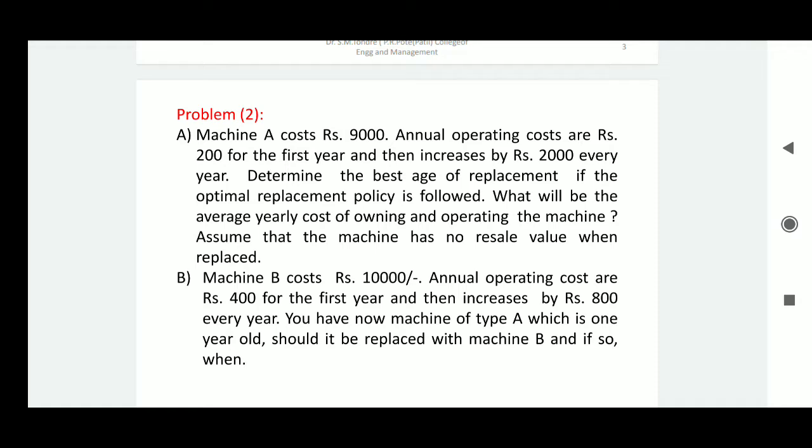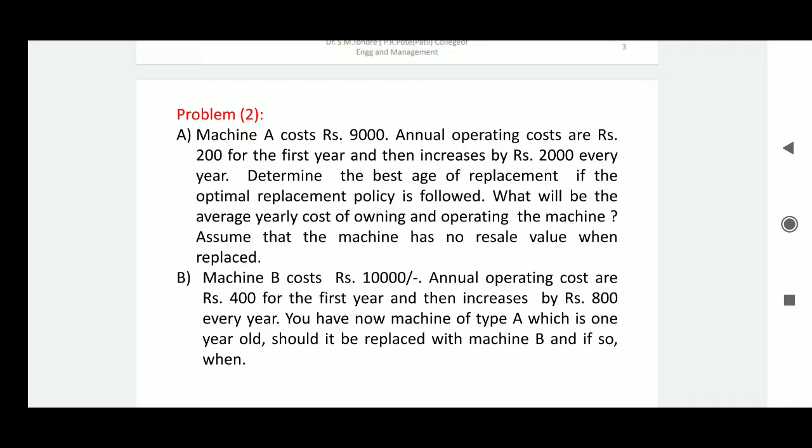Now we have the machine A which we have purchased previously, which is 1 year old now. And now the machine B, which is new, is introduced in the market, and you have to decide whether the machine A is beneficial for us or machine A should be replaced by B or not.